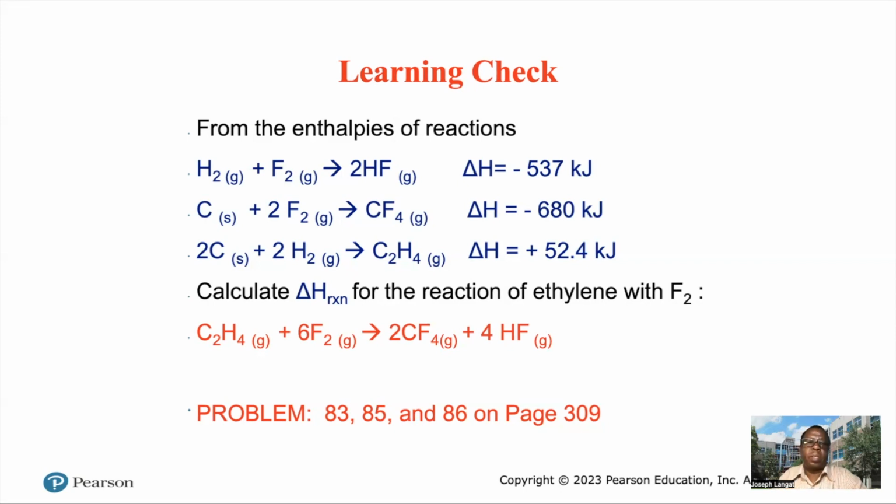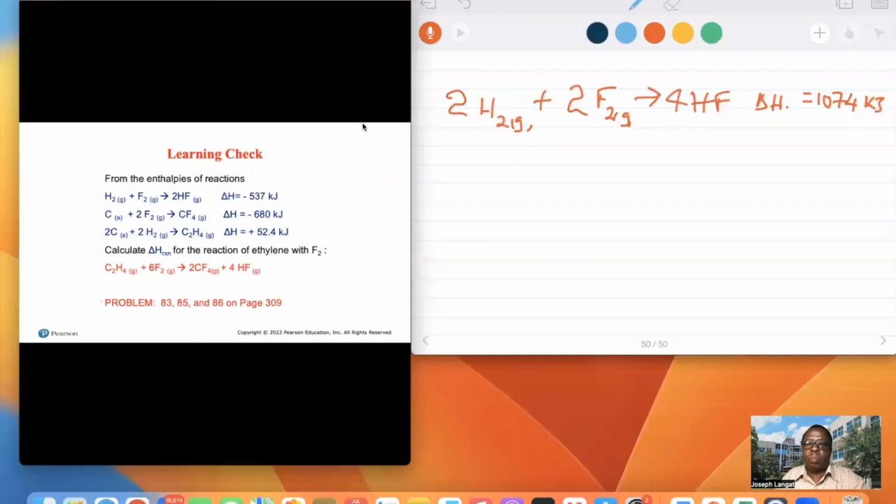We multiply by 2. Sorry about that. I was just writing and forgetting that you are not seeing the whiteboard.